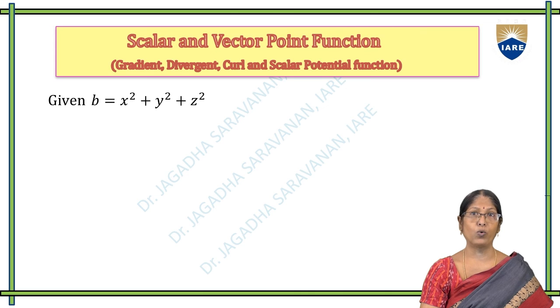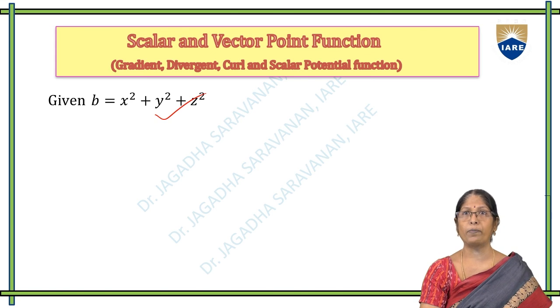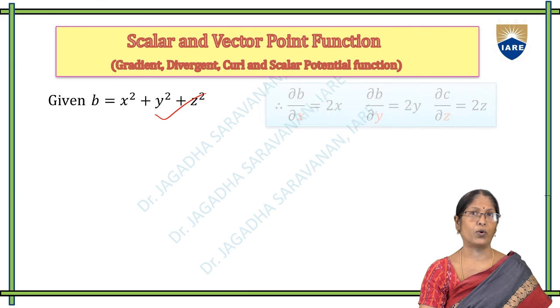Next, now we will move to B. The B which is given is x square plus y square plus z square. What are the steps we followed for gradient A? The same steps we will follow here also.